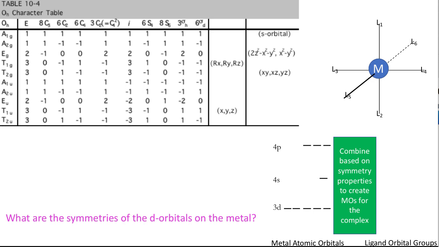Of course, we could imagine a dz squared orbital or a dx squared minus y squared orbital, perform all the symmetry operations, and find where it fits in terms of what irreducible representation is produced, but at this point it's easier just to inspect the table directly.